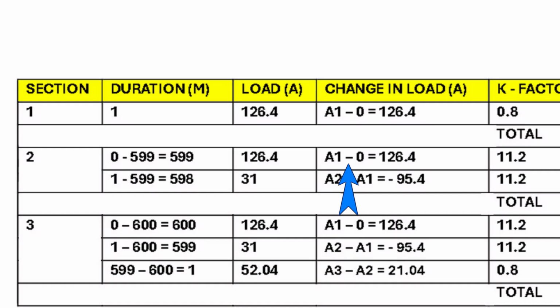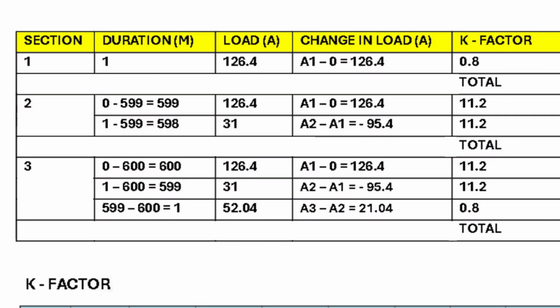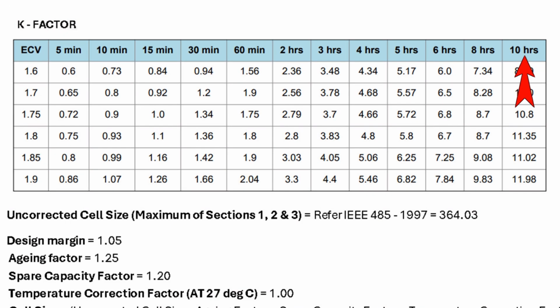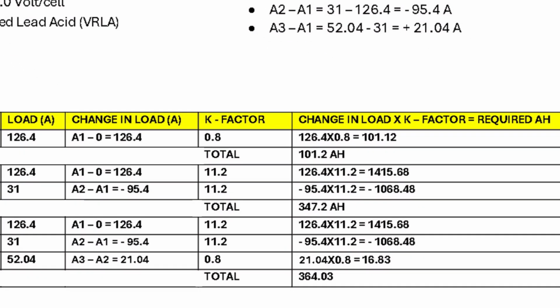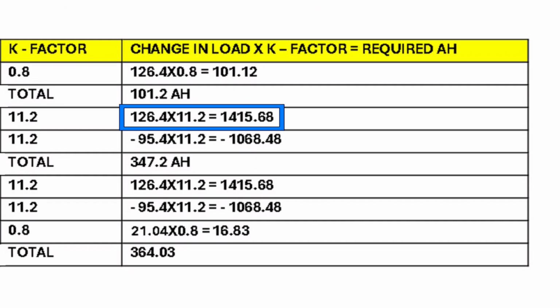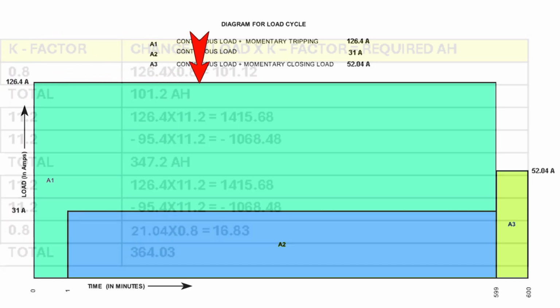Obviously, A1 minus 0. From the K-factor table, we found that if it is 10 hours, then the K-factor will be this one, 11.2. Because 599 minutes is approximately equal to 10 hours. So we multiply this with that ampere loading, and we will get the ampere-hour requirement for the first two blocks if the initial current continues up to the end of the A2 block.